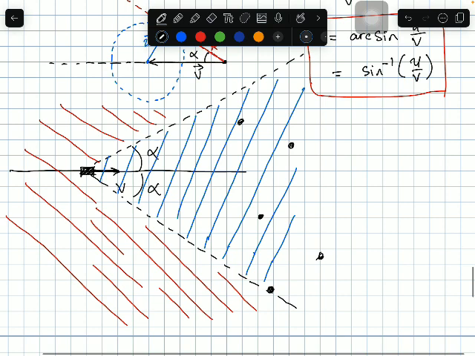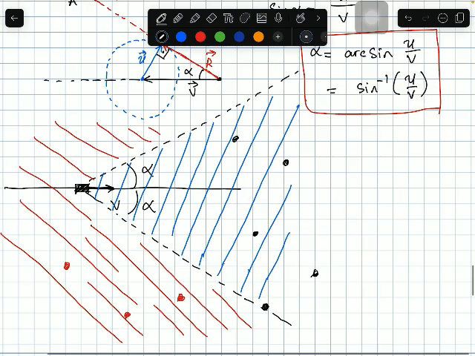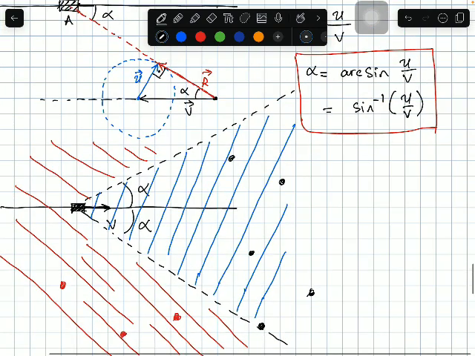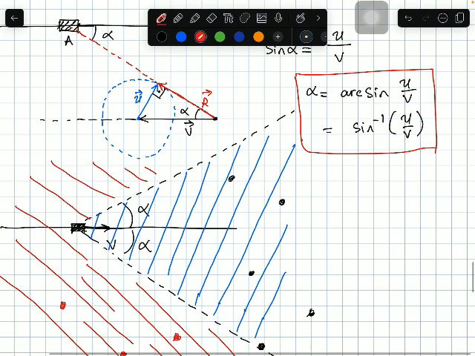But if you are outside of that region, anywhere here, here, or here, then there is no way you can catch the bus no matter what. And the angle at which this blue region is covered can be calculated by using this equation, that alpha equals the inverse of sine u over v.